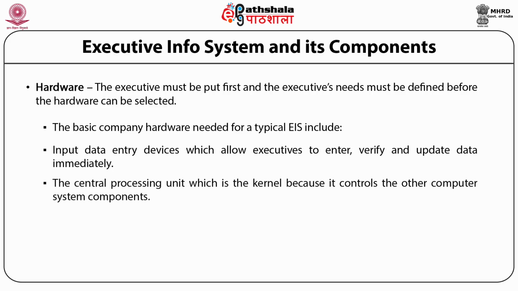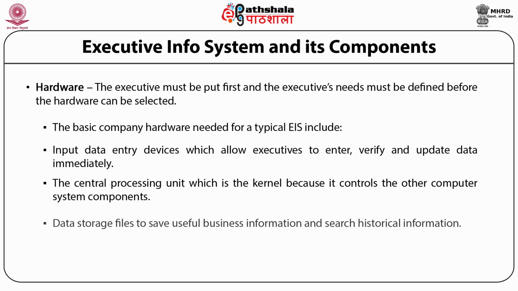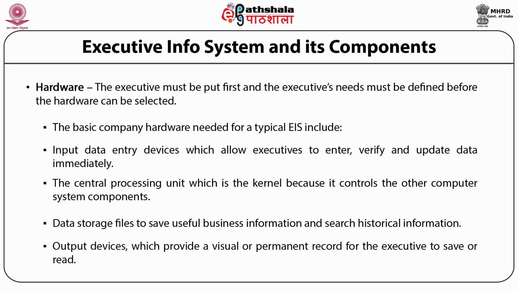The central processing unit, which is the kernel, because it controls the other computer components. Data storage files to save useful business information and search historical information. Output devices, which provide a visual or permanent record for the executive to save or read.